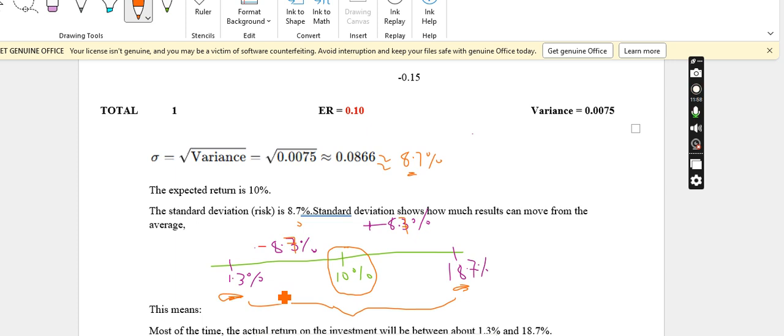Any questions? The standard deviation shows how much results can move from the average. So it can move 8.7% up from the average or 8.7% down from the average.